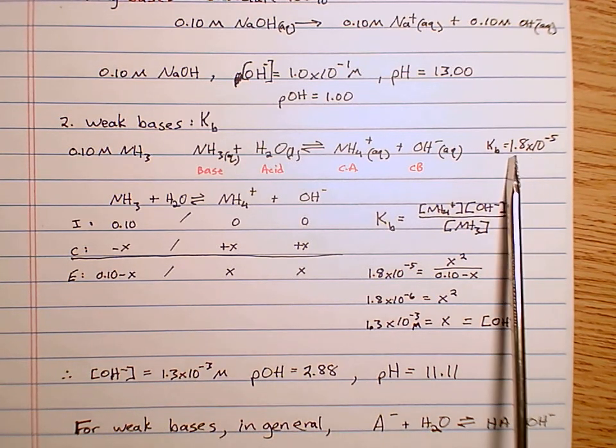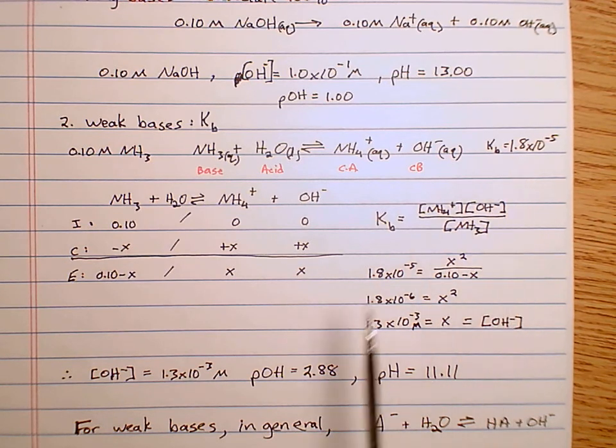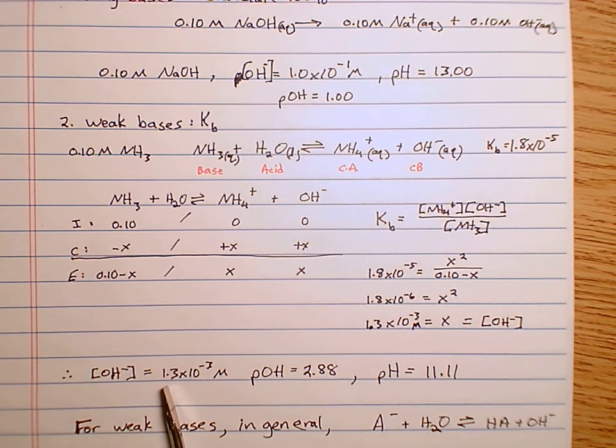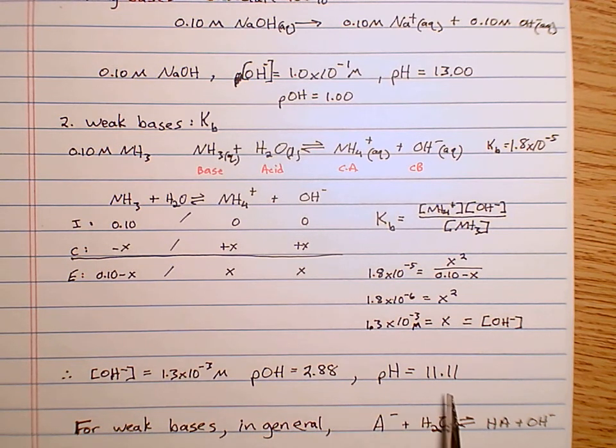Our Kb has two significant figures, so our concentration of hydroxide has two significant figures. Therefore, the pOH and the pH must have two digits after the decimal. This pH of 11.11 is two significant figures, because with pHs and pOHs, the significant figures are the number of digits after the decimal place.